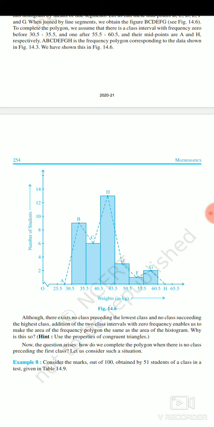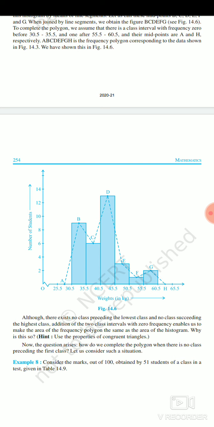exactly 2.5 of 30.5, that is 33. Find the average of 30.5 and 35.5, add and divide by 2, that is the average. Now 33, so previously 5, that is 28. So this is the starting point.